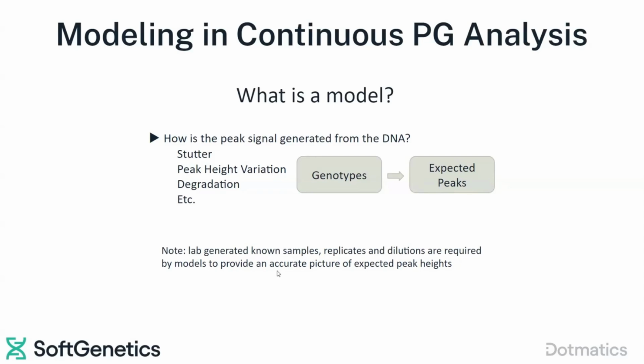And here's a note saying the lab will generate known samples, replicates, and dilutions that are required by models to provide an accurate picture of expected peak heights, which was also noted in the SWGDAM description.